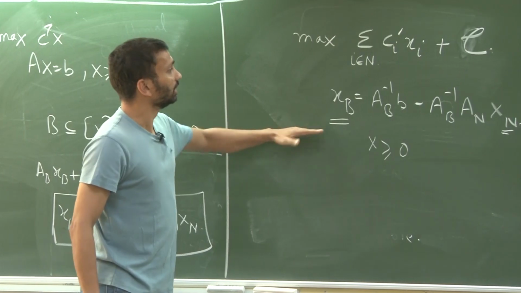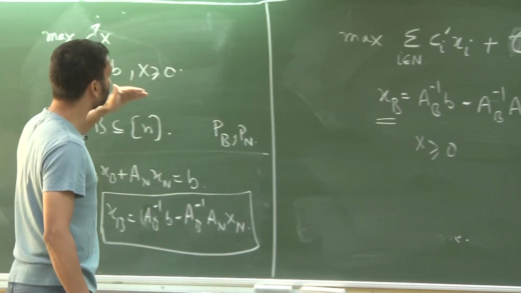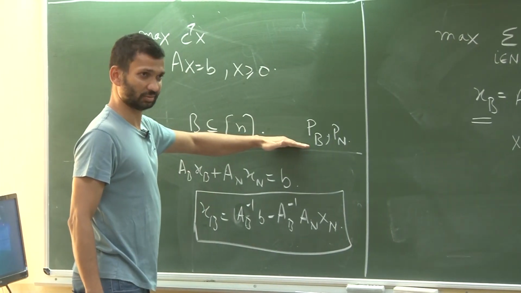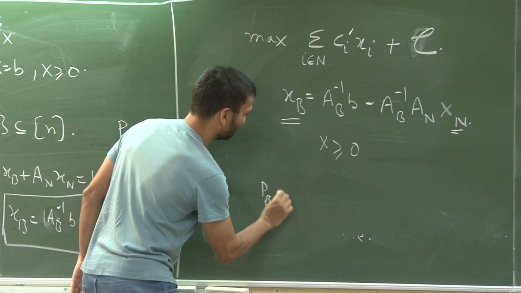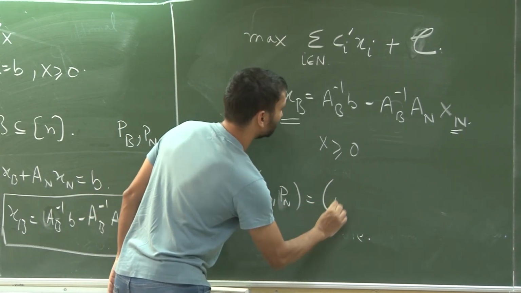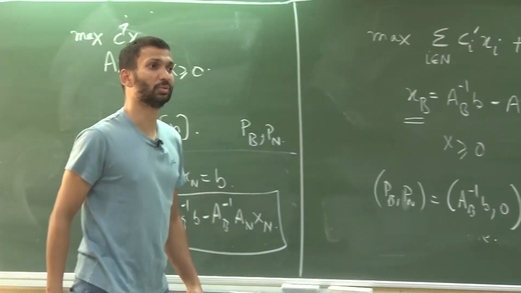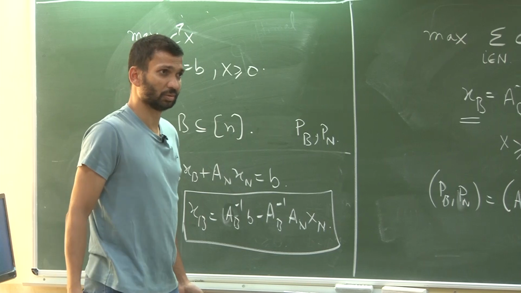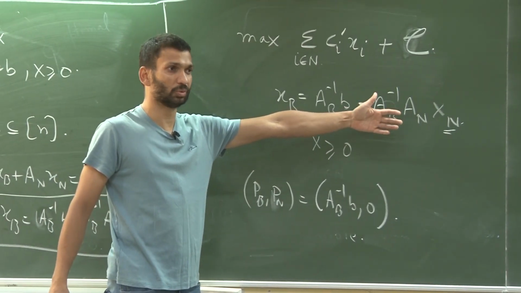This gives us very clearly what is happening at this vertex, right? First thing is my PB, PN is PB comma 0. Correct? Because PN has to be 0.